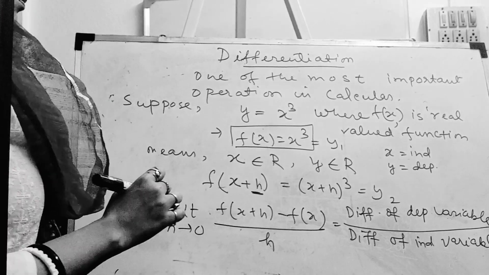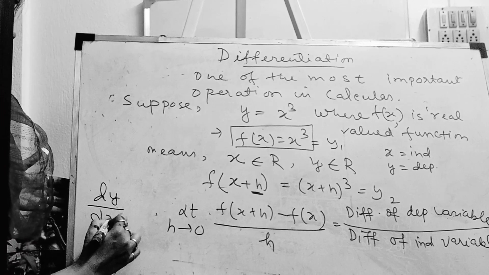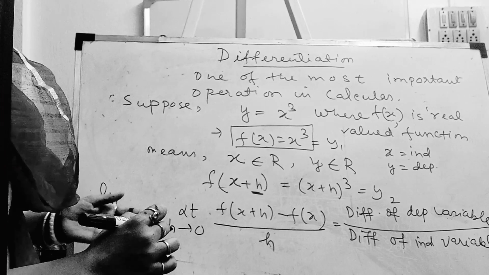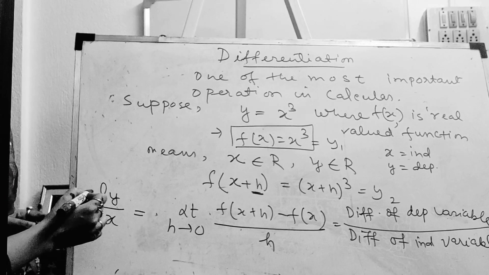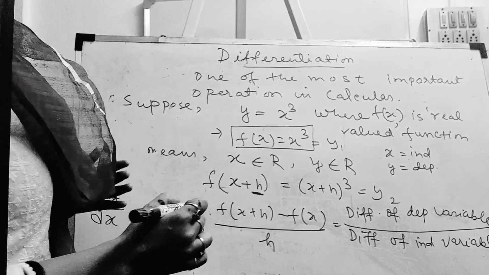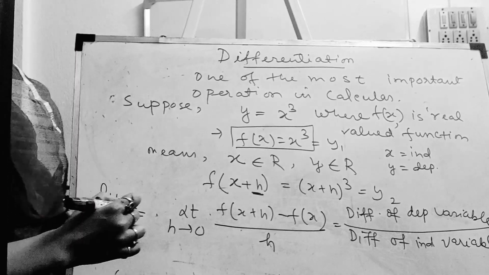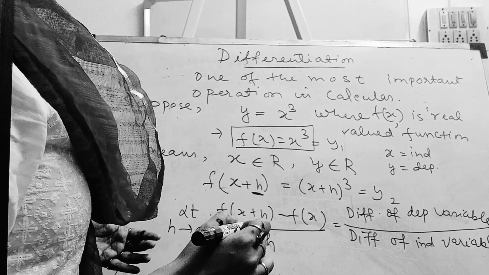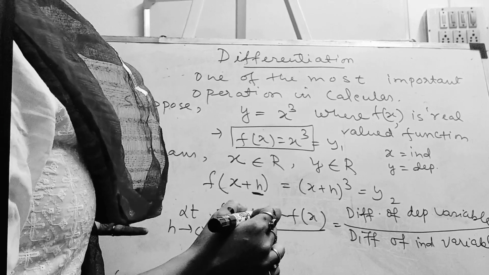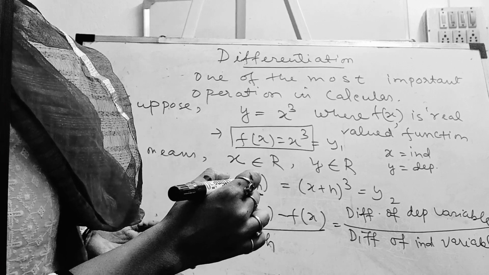This is called dy by dx. When we write dy, that is a very small change of y, and when we write dx, that is a very small change of x. So differentiation is one of the most important operations in calculus.